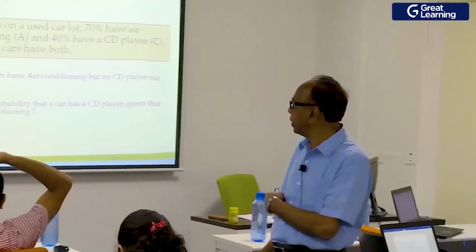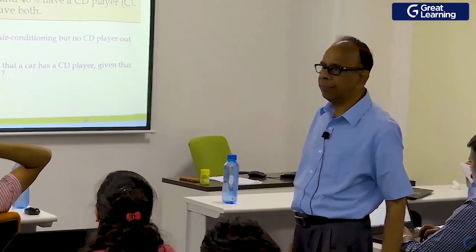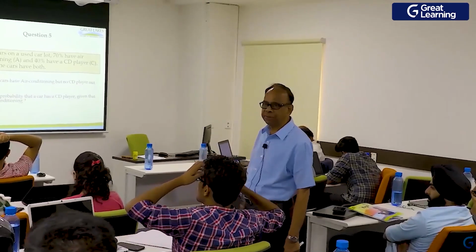So the first one is 50. 50 cars have AC but no CD player. The second probability is 20 by 70. Because the AC population is 70, AC plus AC bar, the only term that is favorable is associated with the air conditioner, because you want the car to have a CD player given that it has an air conditioner.